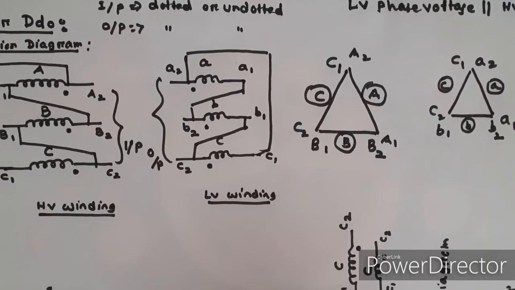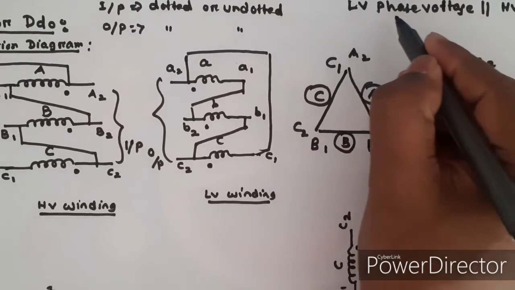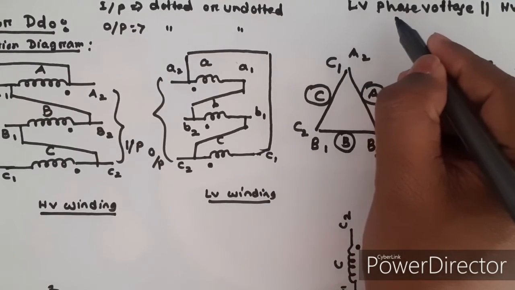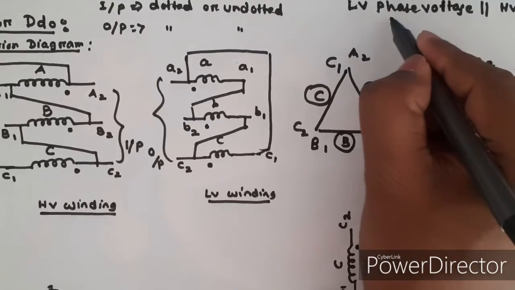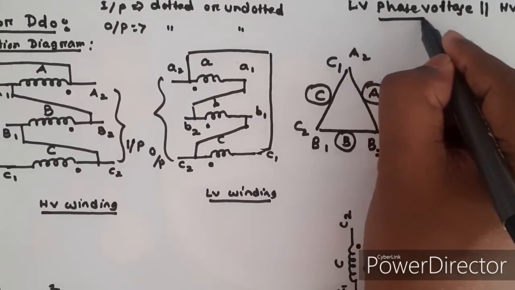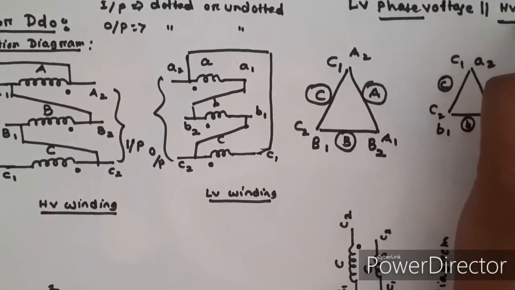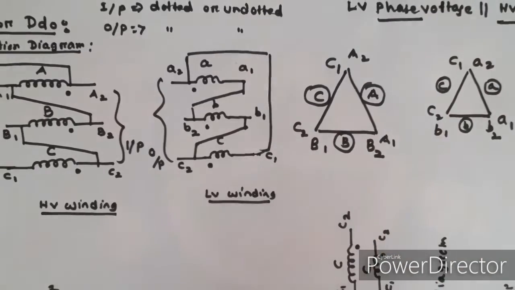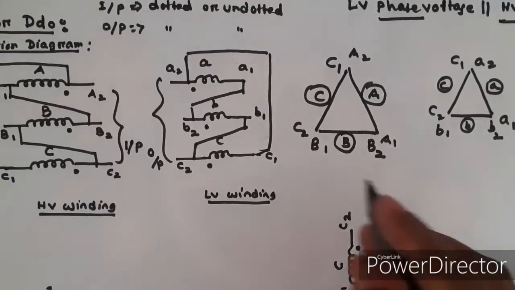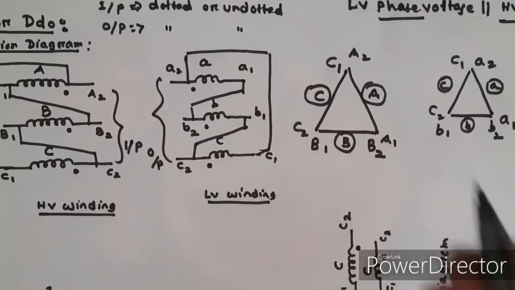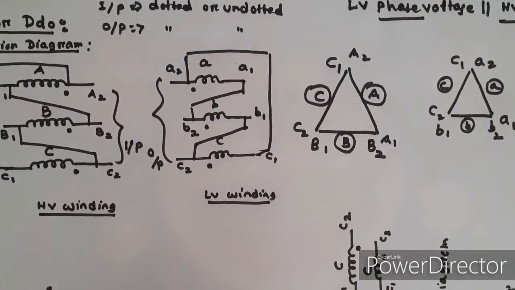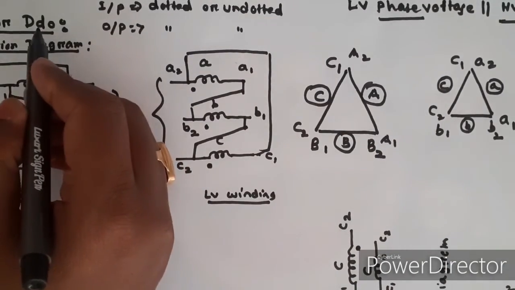For finding out the groups, I'll see the line voltage. To be clear, for drawing the phasor diagram, the LV phase voltage and HV phase voltage will be parallel. For finding out the groups, we'll see the line voltage. How does it become DD0?